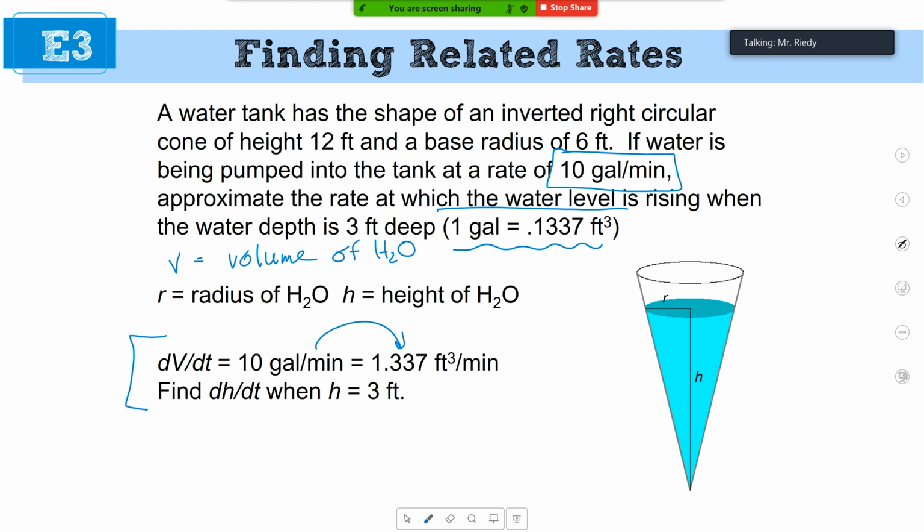This is not something you'll need to memorize. They will give you that conversion because it does pop up. We'll solve problems where we're pumping rocket fuel. We'll solve problems where we're pumping oil or some mysterious fluid. But they will give you that density conversion thing. I'm looking for dh/dt when h is equal to 3.